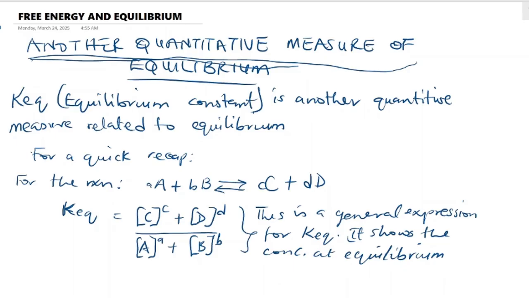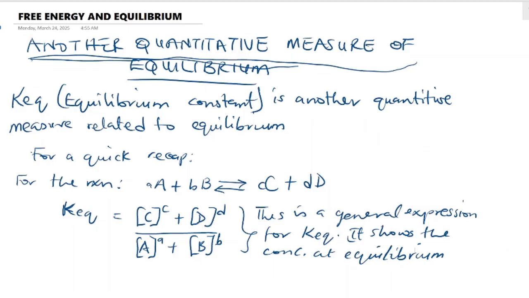The KEQ is the measure of the extent a reaction is far from equilibrium. So please get the relationship. These are two different quantitative measures, but they are measuring the same thing, and there must be a relationship between them.